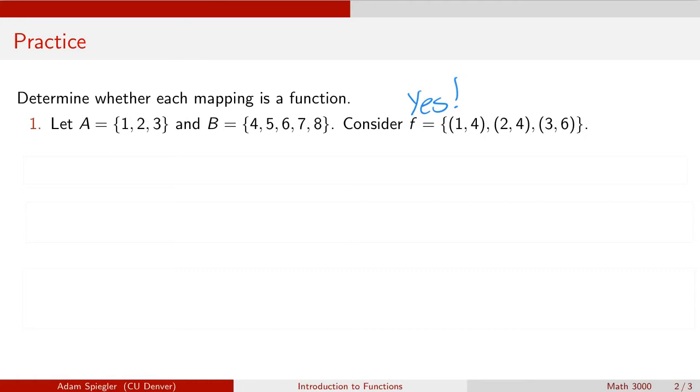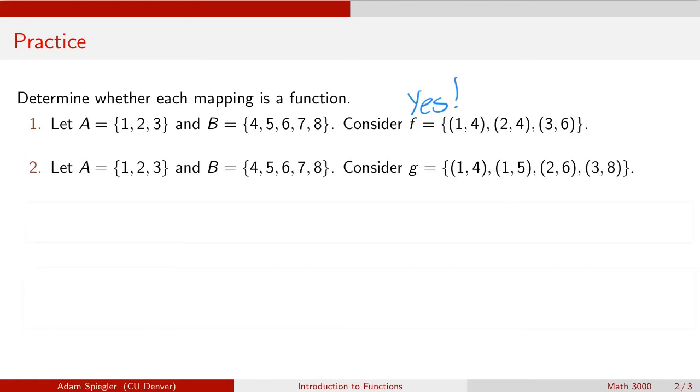Next, let's consider the following function in example 2. Let's now consider the same two sets, but now this mapping g takes 1 to 4, takes 1 to 5, takes 2 to 6, and takes 3 to 8. Now this one, in fact, is not a function, since we have the element 1 going to 4, and we have the element 1 going to 5.